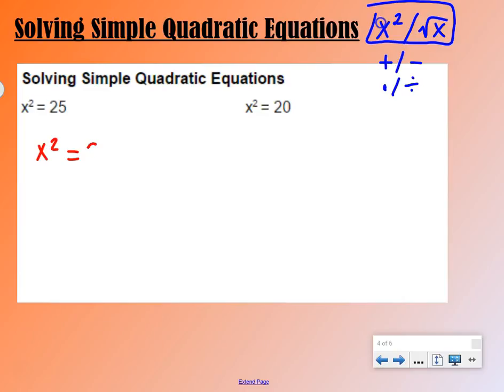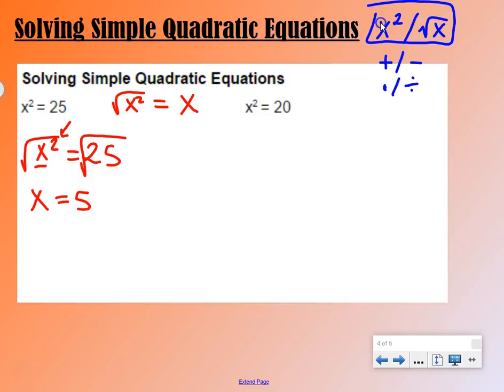We want to know what number, if we put it in for x, would give us 25. So instead of undoing subtraction with addition, we're going to undo the square by doing the square root on both sides. The square root of x squared is just x. It takes away that little 2 at the top, so x equals the square root of 25, which is 5.